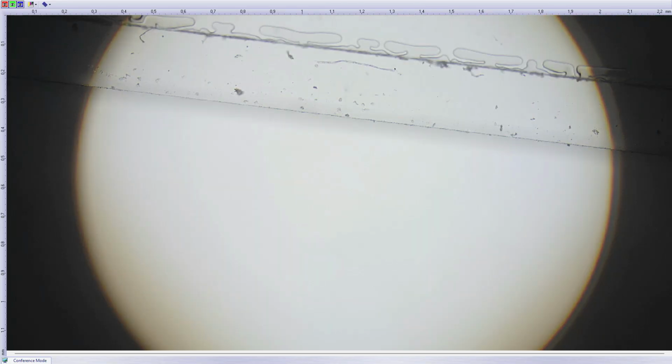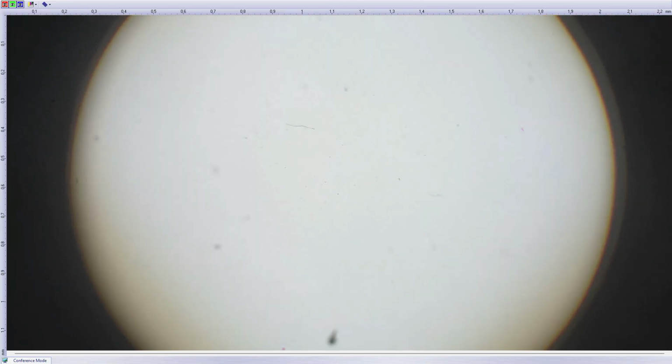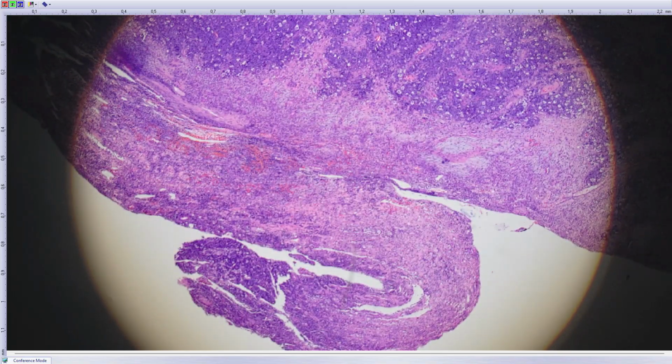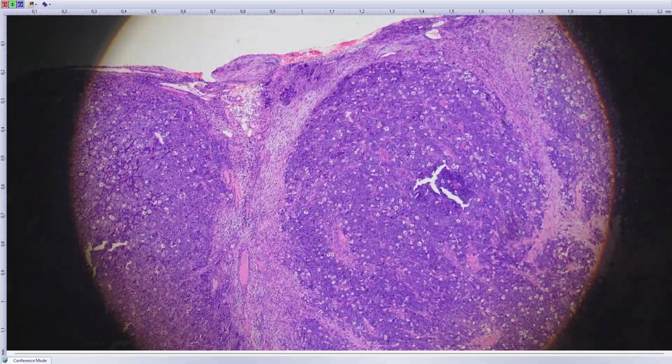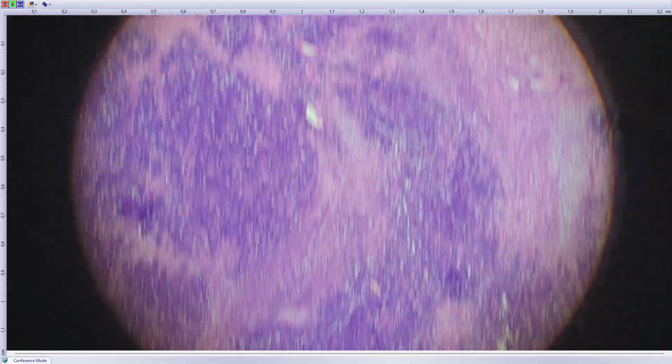And my last case is a consult case from Slovakia. This is somewhere in the chest. I don't know the location, whether it's in the cavity or subcutaneously, because there are no normal structures present.